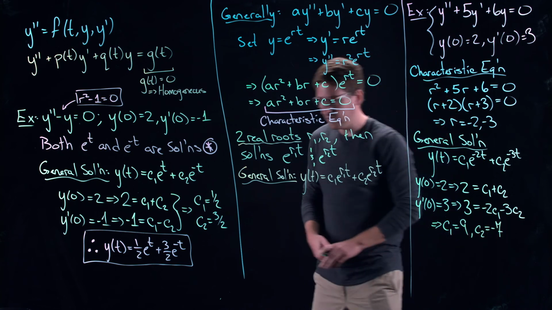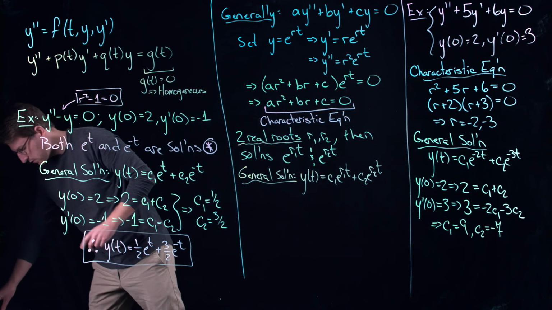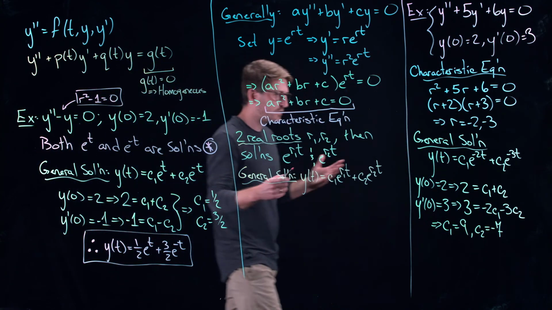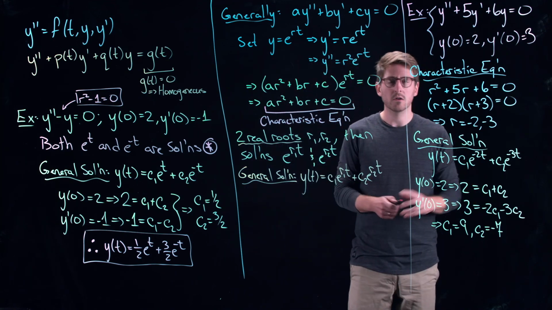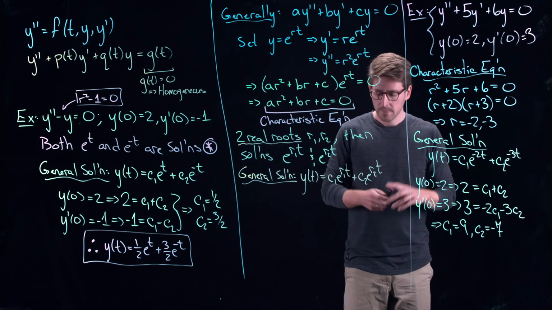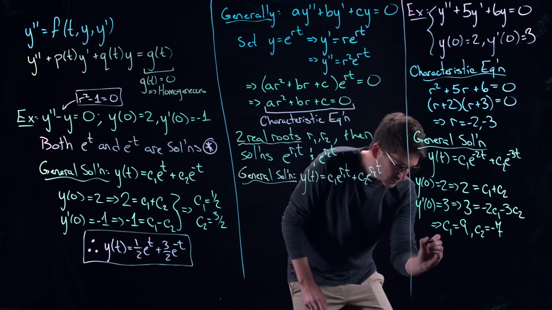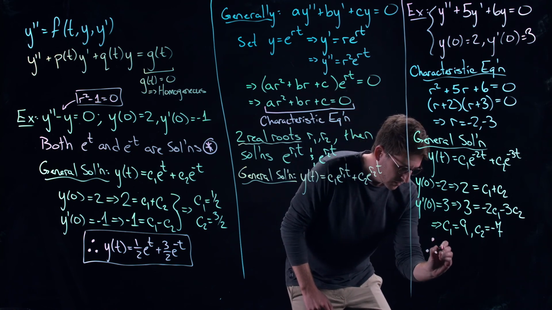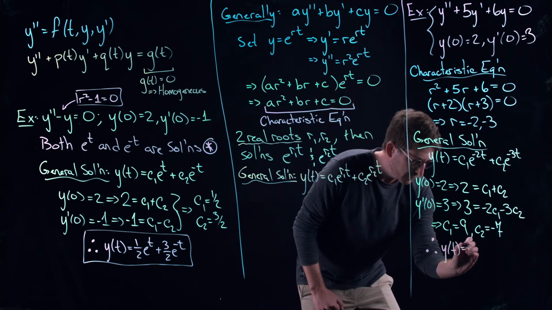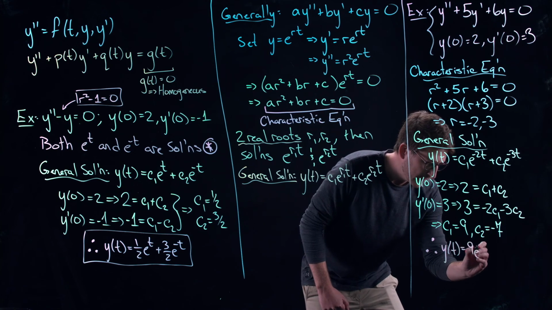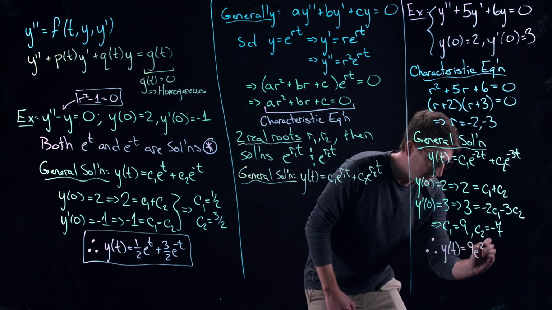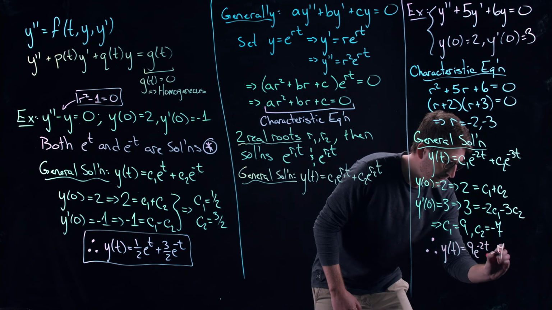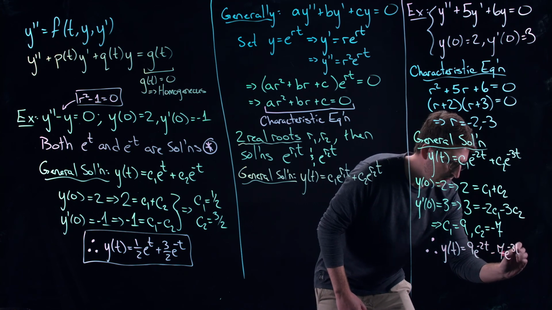You can solve that in whatever way you wish. You can use your favorite method of solving these equations. They all come out, hopefully, to give you the same answer. And so therefore, our solution to this differential equation is 9e to the minus 2t minus 7e to the minus 3t.